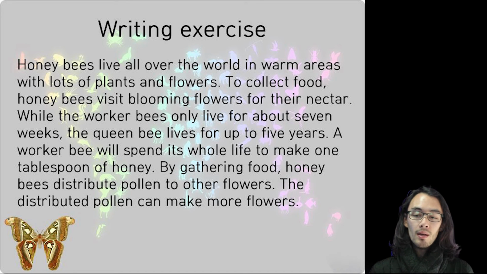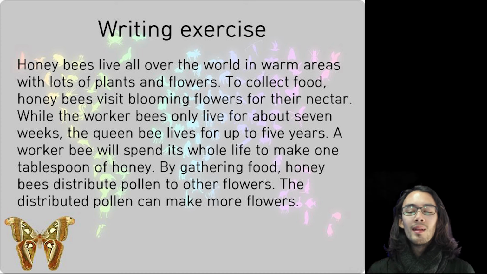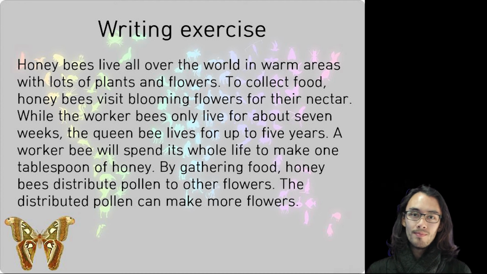A worker bee will spend its whole life to make 1 tablespoon of honey. By gathering food, the honeybees distribute pollen to other flowers. The distributed pollen can make more flowers.